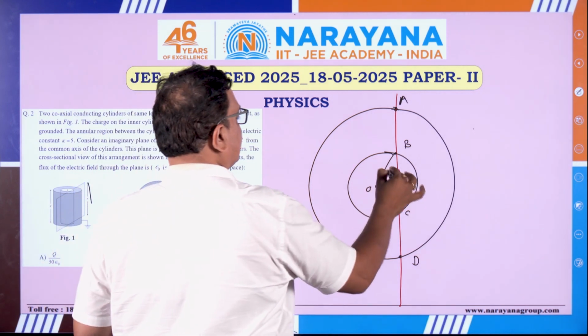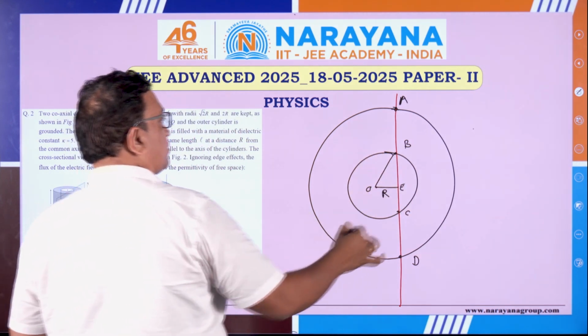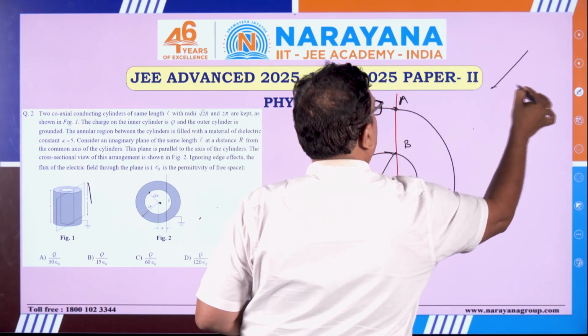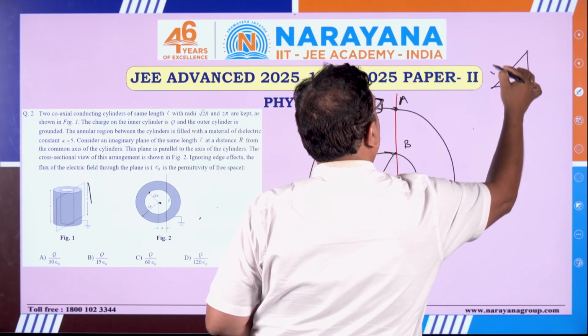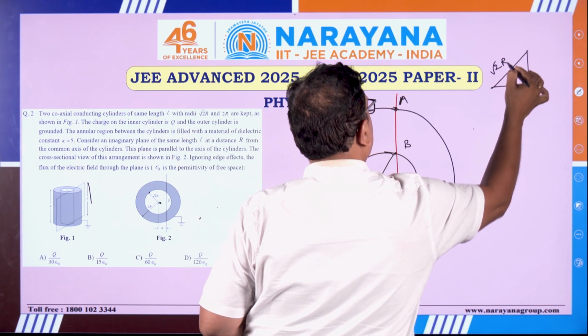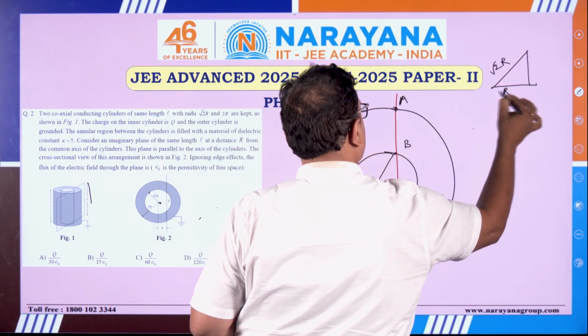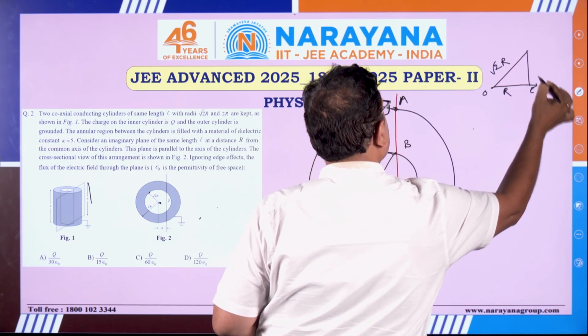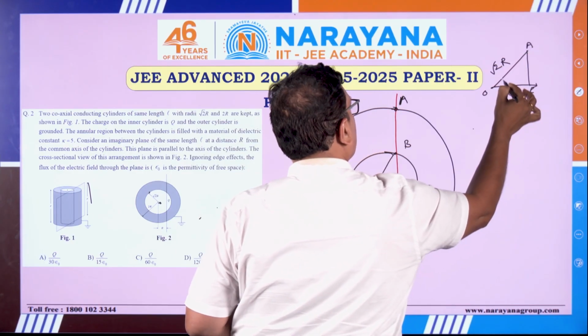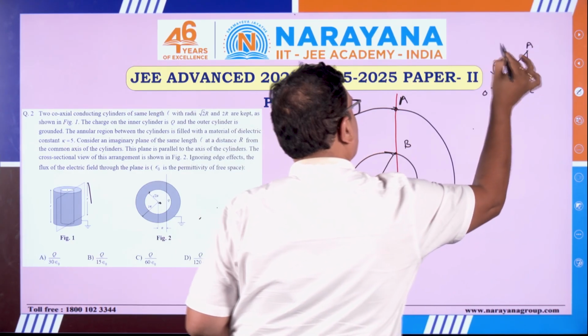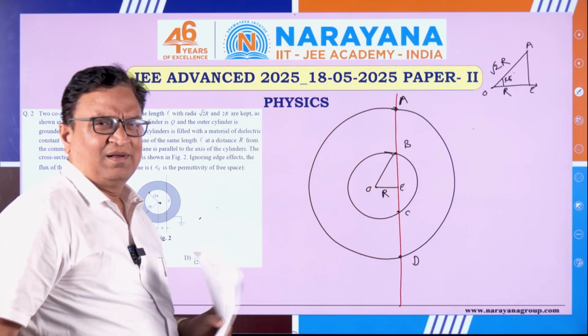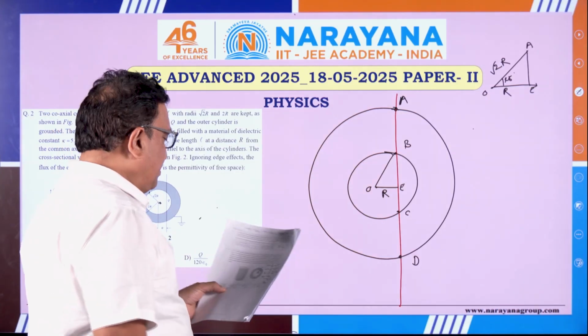OB is root 2 R, and this is R. For triangle OEB, the angle is 45 degrees. Very simple.